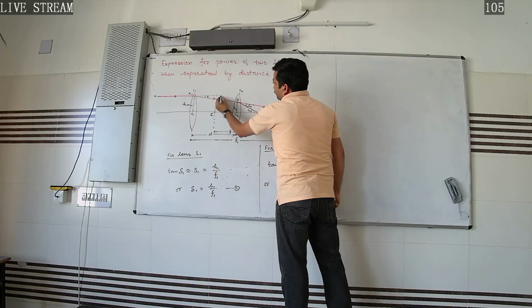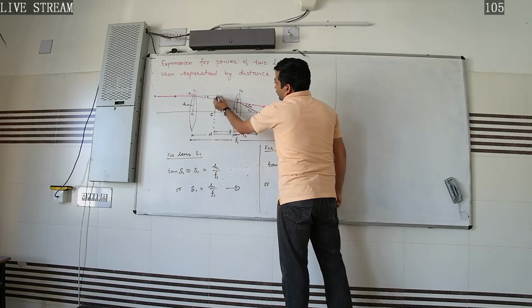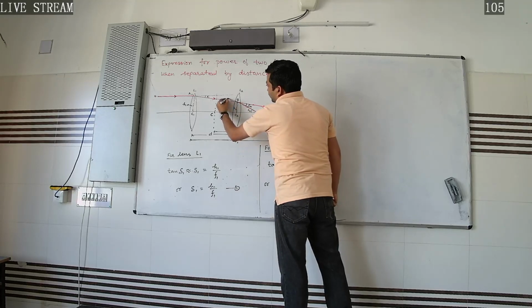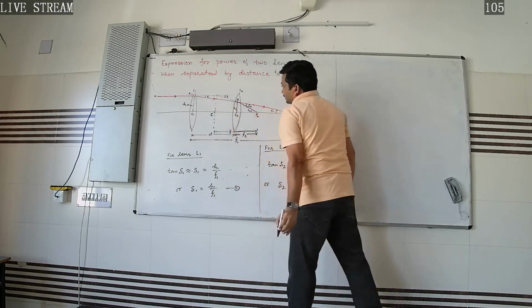If we extend it further, then we can get the net deviation produced. We will reproduce it in the backward direction here in this way. So we got the net deviation, that is delta.